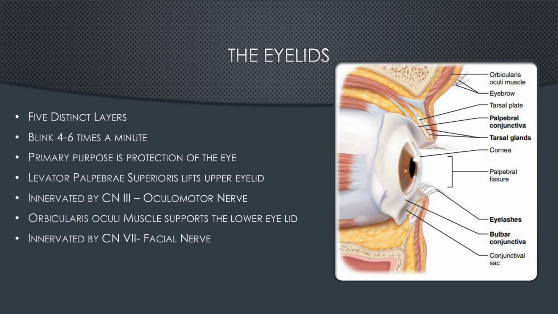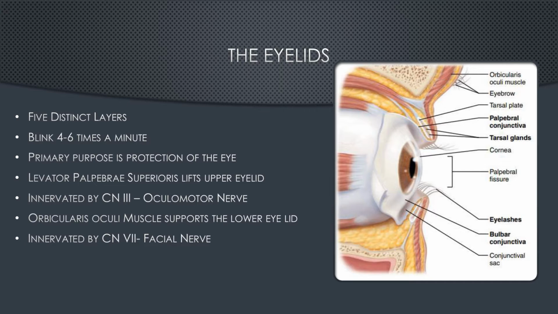When the eye is open and in a neutral position, the upper eyelid covers approximately 1 millimeter of the superior corneal limbus. The upper eyelid is lifted by the levator palpebrae superioris muscle, which is innervated by the oculomotor nerve, or cranial nerve 3.